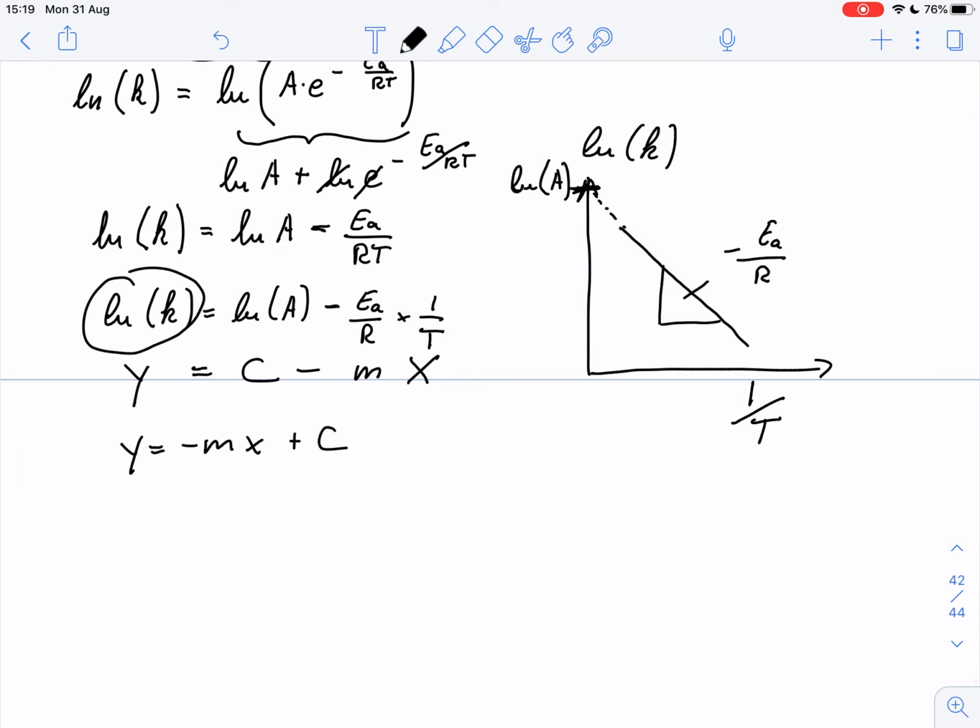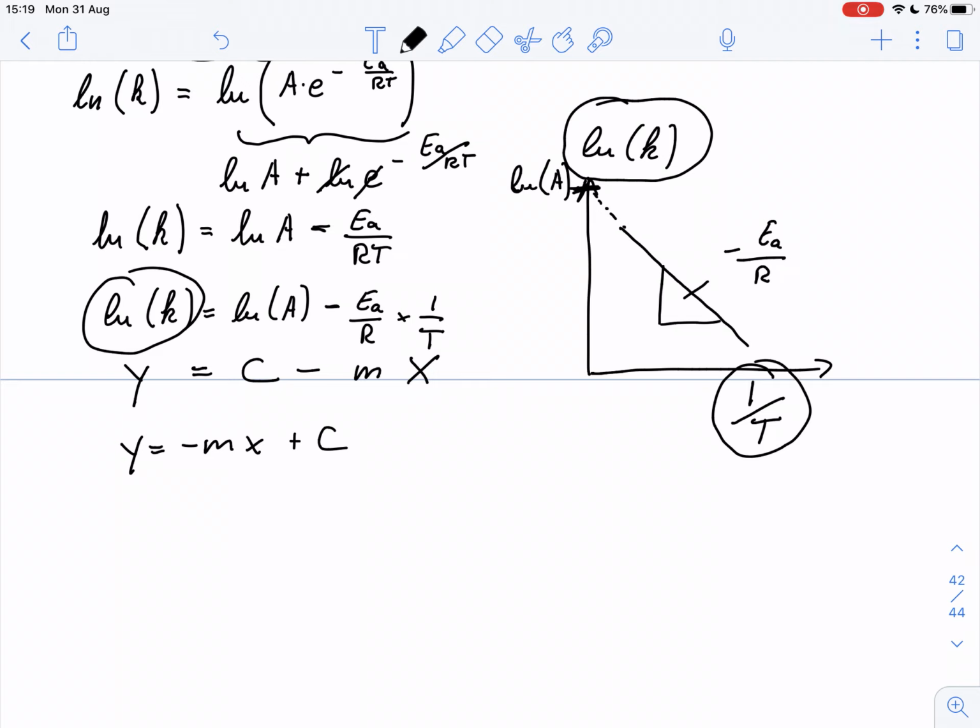And what we can do now is find a relationship between ln of the rate constant and 1 over T.